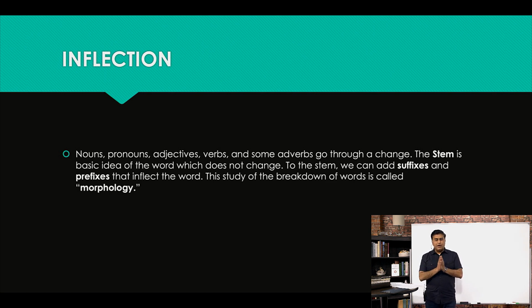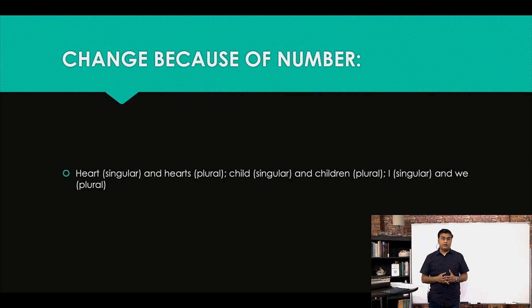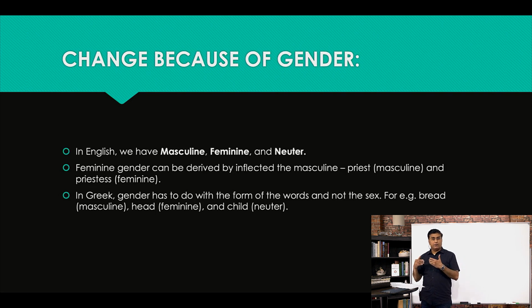Every word has a stem, and then there is a prefix or a suffix added to that stem, and the word changes based on whether it's functioning as a first person or a second person or third person, or functioning in singular or plural. There's a change because of number, the change because of gender. So masculine, feminine, and neuter.